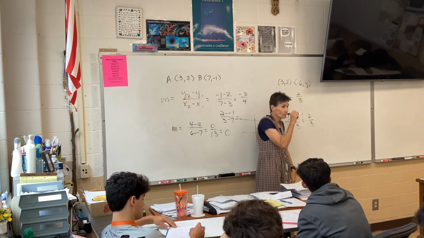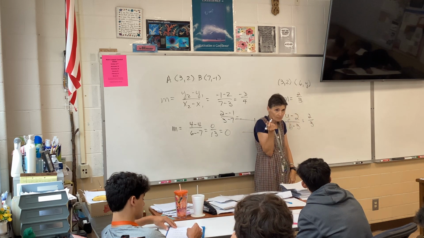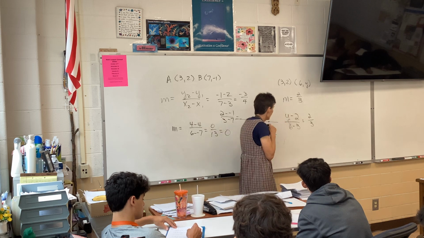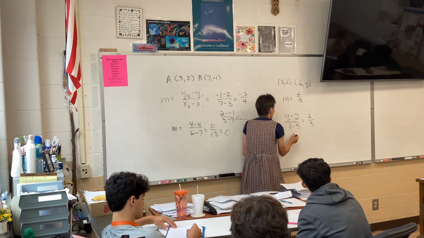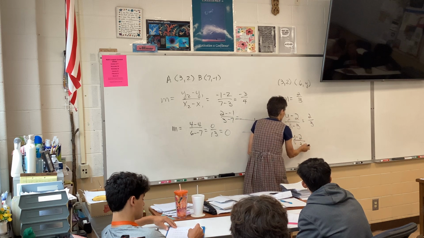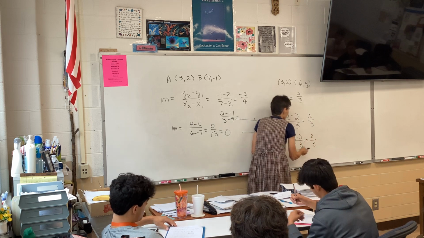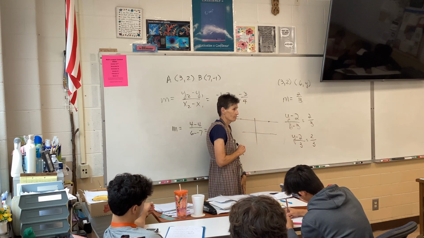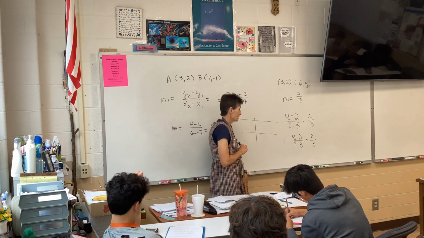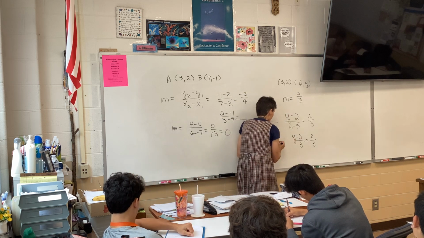So if I do my little formula, it should equal 2/3. This is kind of an easy one. Those denominators match, don't they? So what does y have to be?